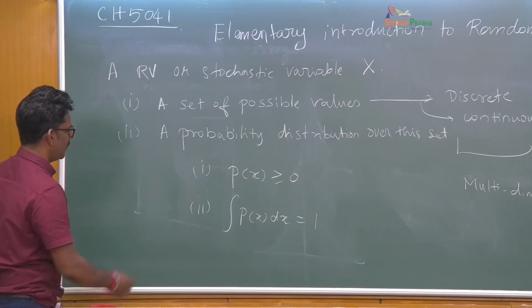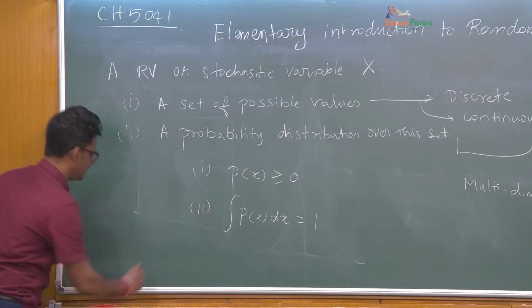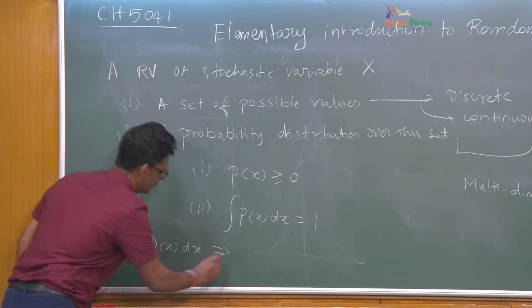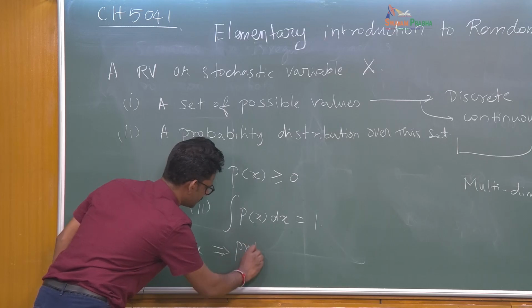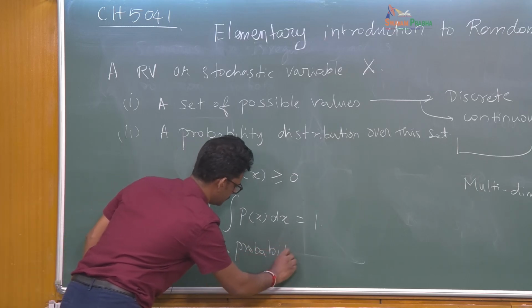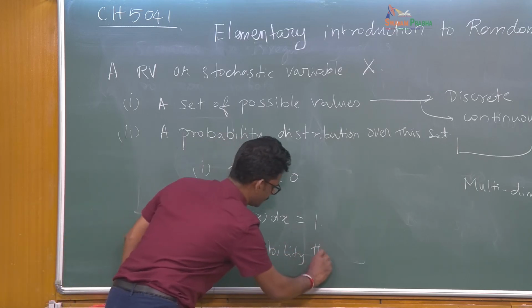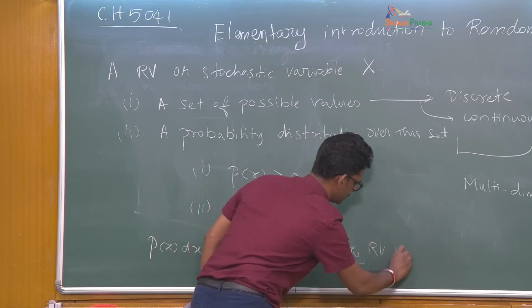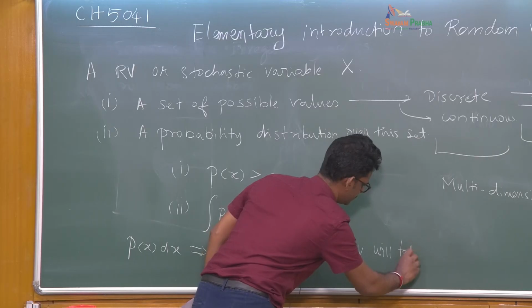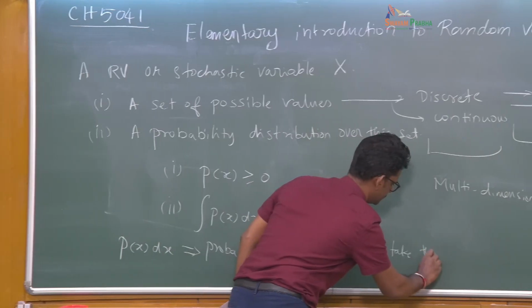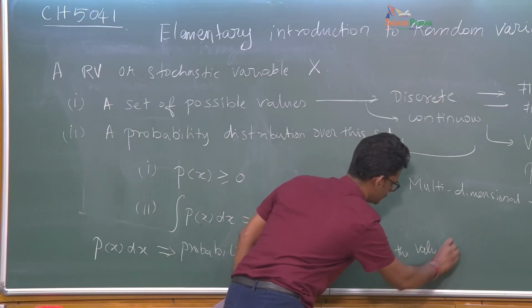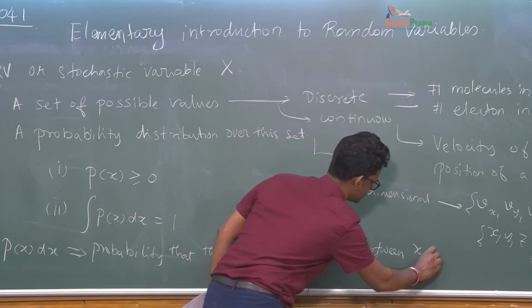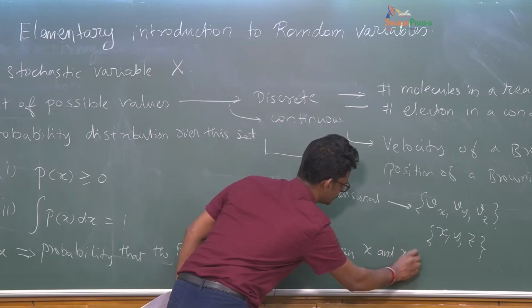The way we interpret this is that the function p of x dx will give you the probability that the random variable will take the value between x and x plus dx.